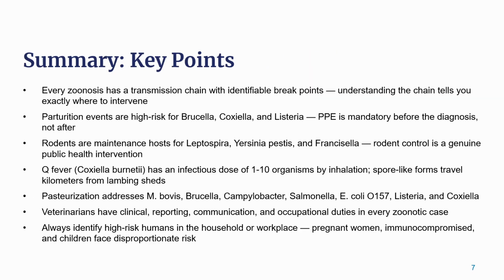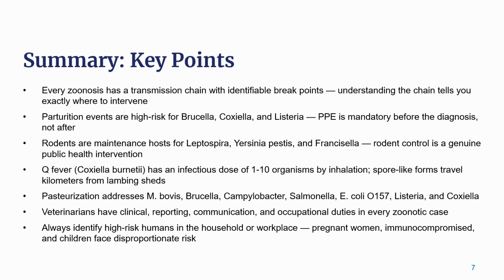One Health is a framework that makes zoonosis management logical rather than overwhelming. You don't need to memorize the clinical presentation of every zoonotic disease in humans. That's your physician colleague's job. What you need to know is the transmission chain for each major pathogen in your practice context, where the breakpoints are, and which humans in your client's world are most at risk.